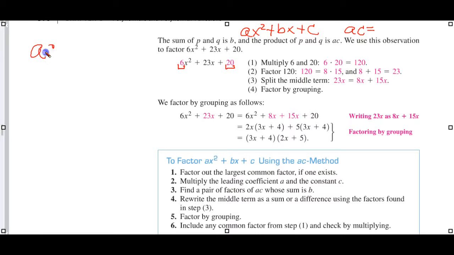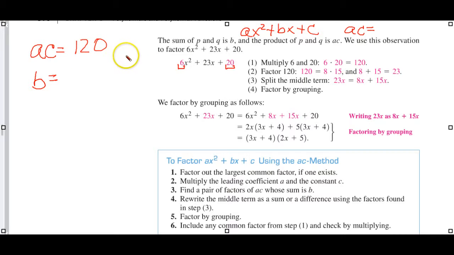So we have AC equals 120. Now, what we want to look at is factors of 120 that will add up to our B term.